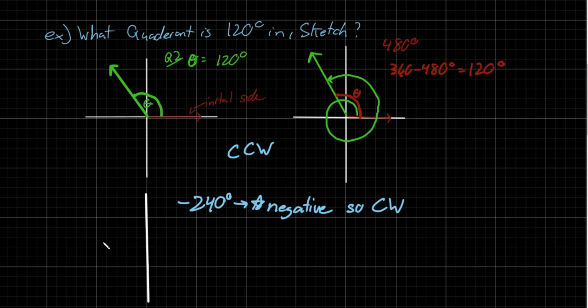So I got my x and y axis, and I start with my initial side. But I'm no longer going to quadrant 1.